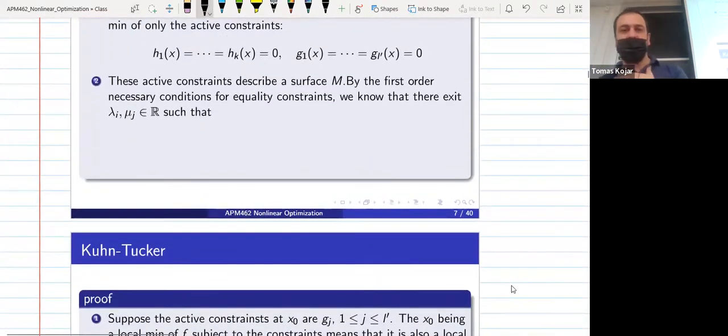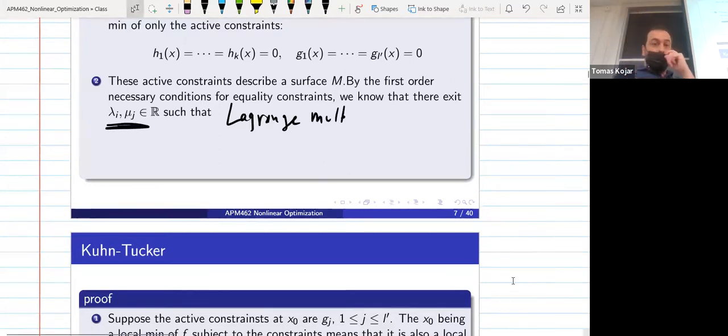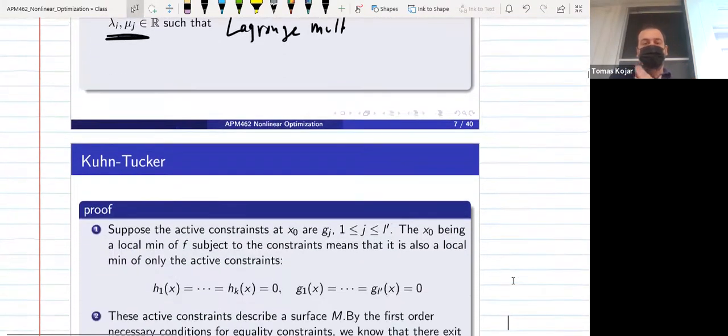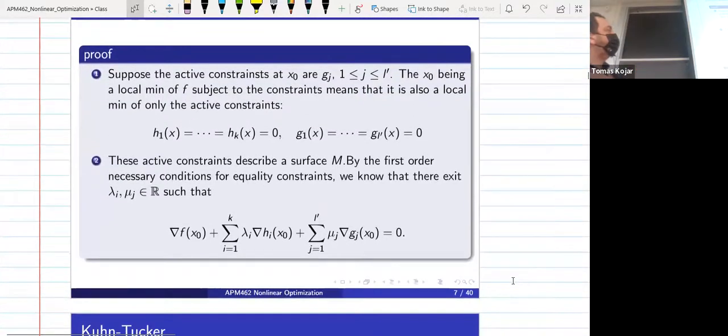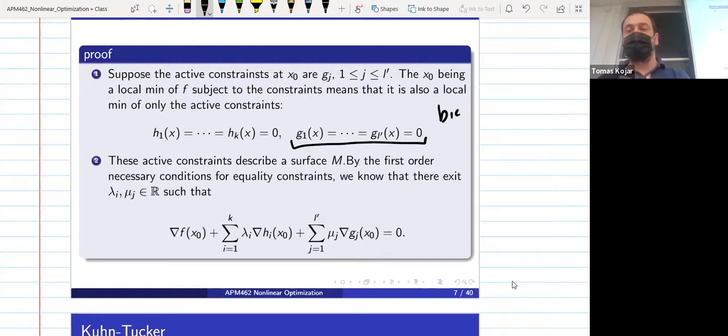From last week, these are the Lagrange multipliers. We have this condition. Again, let me remind you, I'm applying the theorem of Lagrange multipliers to this case because I know that G 1 to G L prime are active.